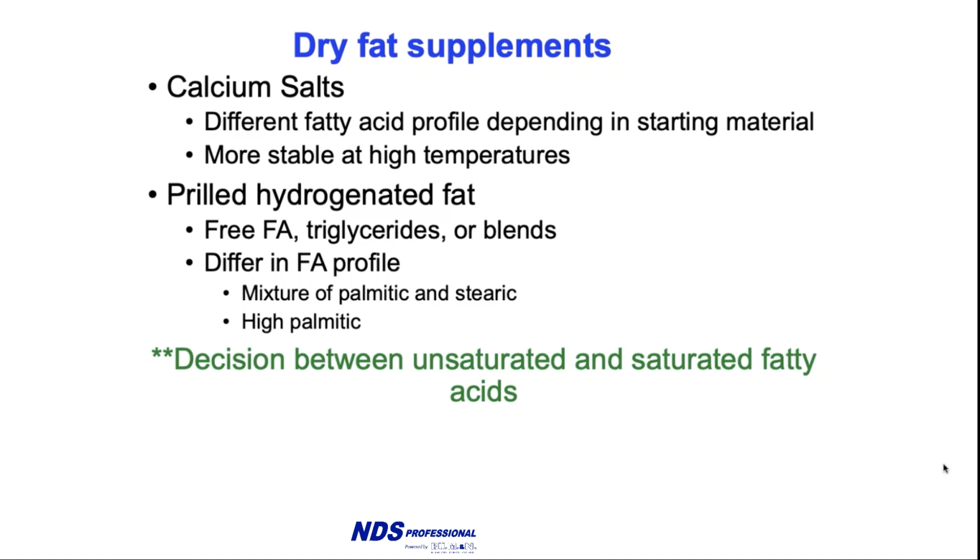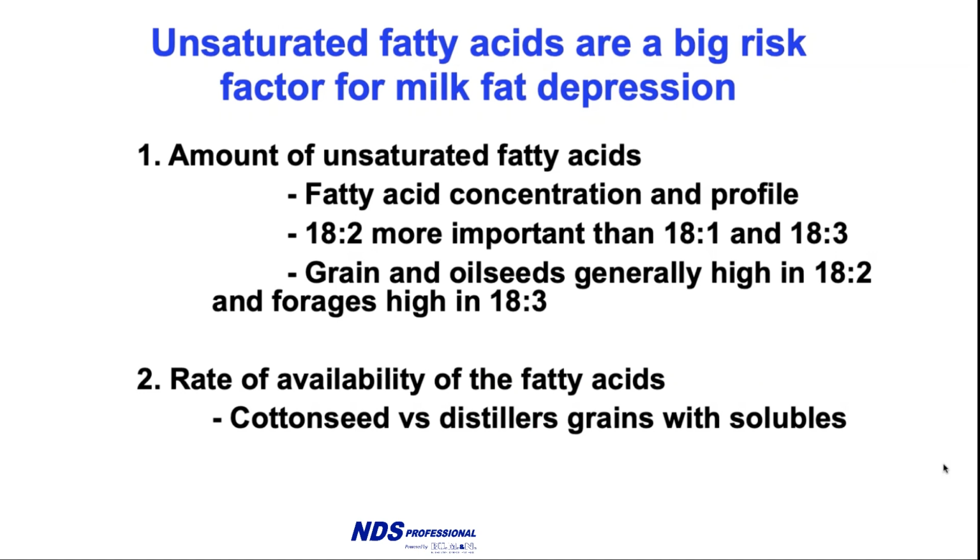They're going to differ in being palmitic or stearic, the amount of oleic that's in there that's probably helping with digestibility, and also if they're free fatty acids versus the triglycerides. So a big decision between unsaturated and saturated fat, and then between palmitic and stearic within our saturated fats. And within our unsaturated fats, the question of 18:2 or omega-6 versus 18:3, and then our long chain omega-3s coming from fish oil type supplements.